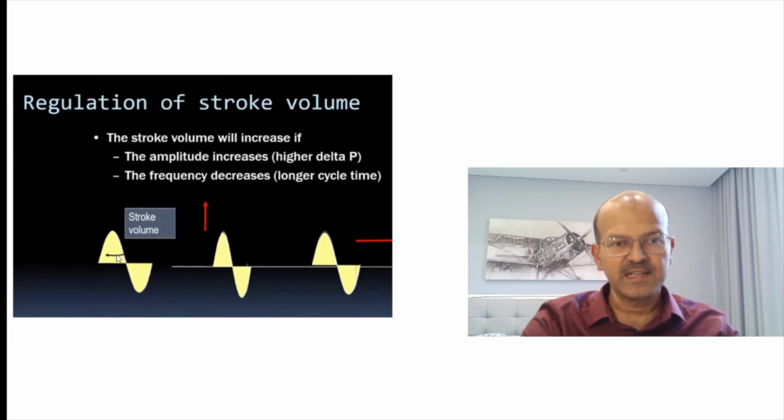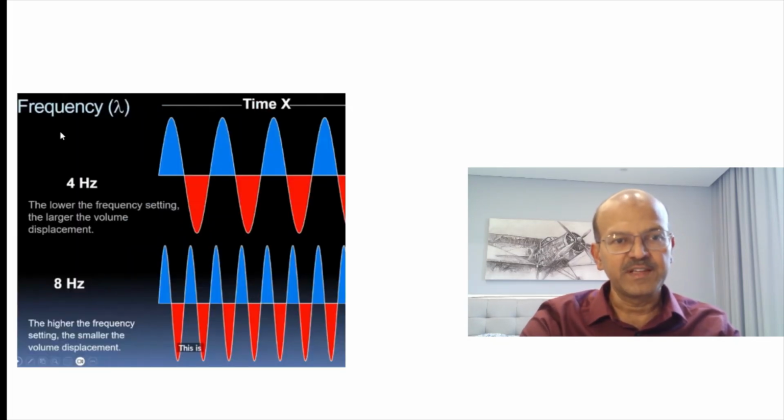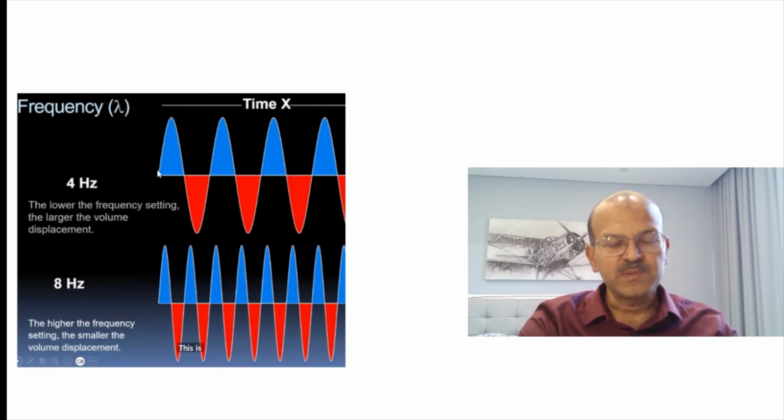So the pressure conduction to the airway increases, and so the lung injury risk is more when you have either a high amplitude or a lower frequency, when the amplitude is magnified. This illustrates why, with a frequency of 4 hertz, the larger the volume displacement, the effective pressure conduction is going to be more, and higher frequency reduces this impact.